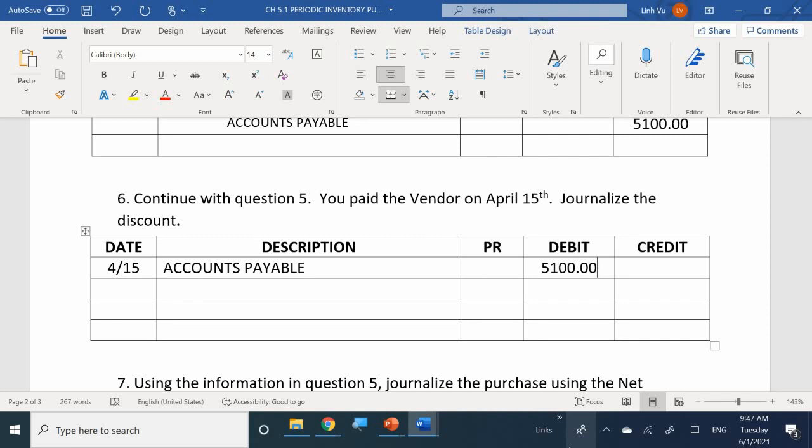Now we can recognize, since we made the discount period, we're not going to pay them $5,100. How much are we actually going to pay? Now, your thought process was you're going to take the $5,000 and you're going to recognize the discount.